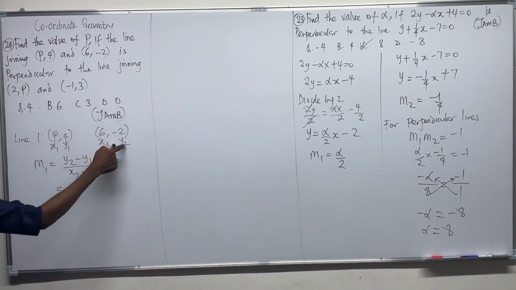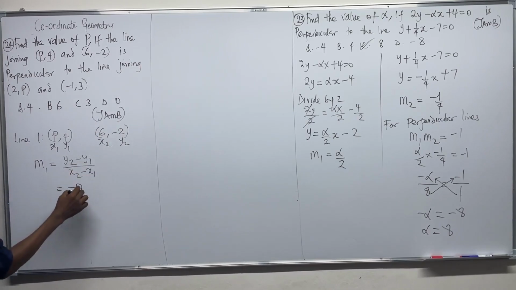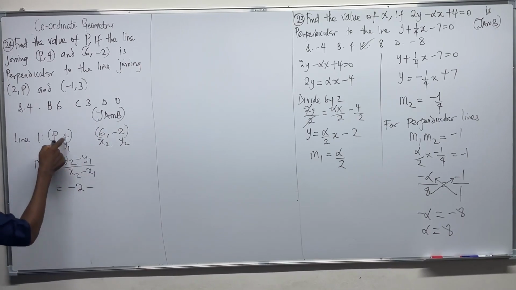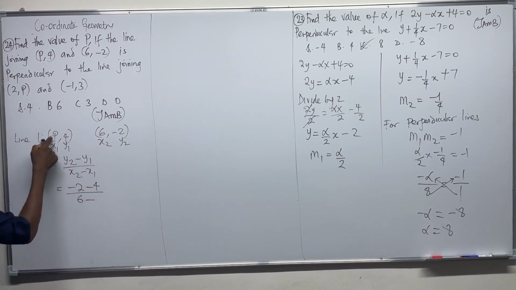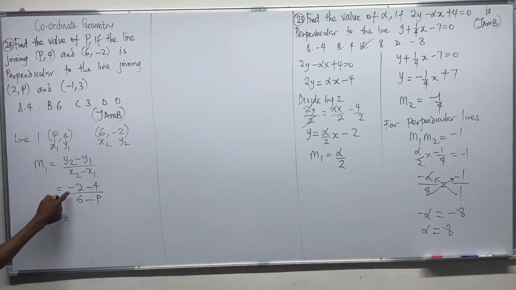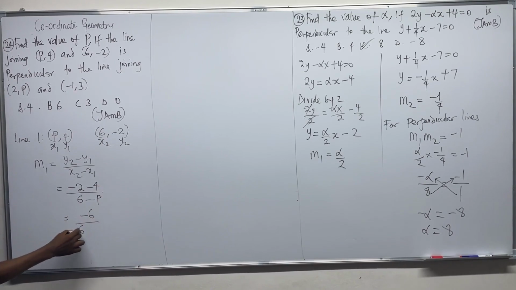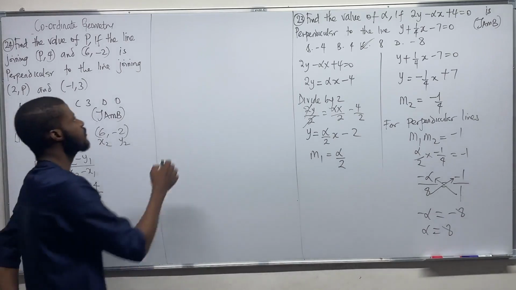So what is y2? Y2 is minus 2 minus what is y1? Y1 is 4, divided by what is x2? X2 is 6 minus what is x1? X1 is p. So minus 2 minus 4 is minus 6, divided by 6 minus p. So this is the m1.